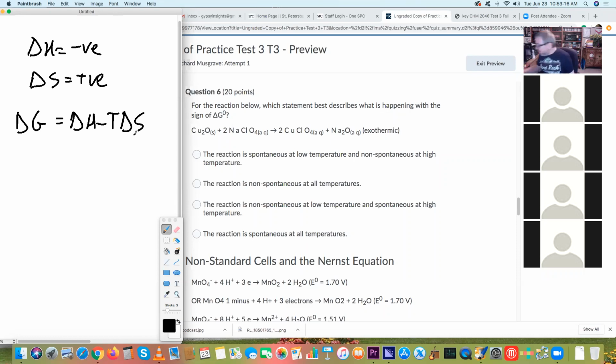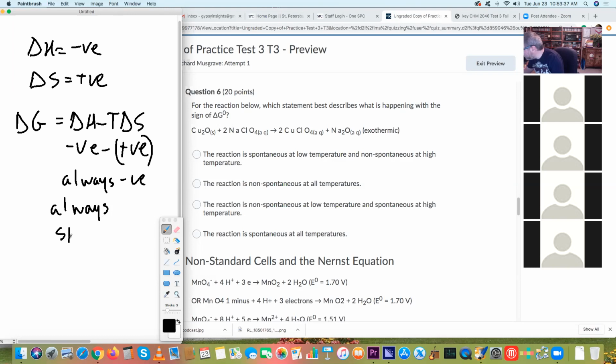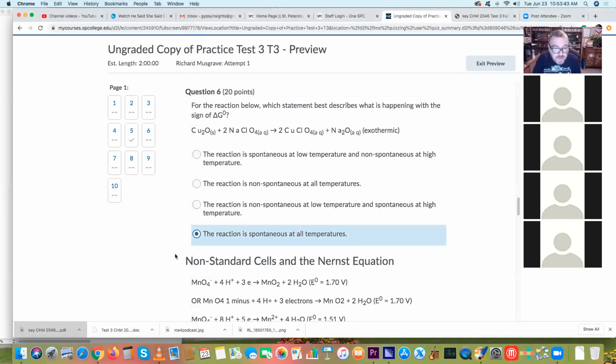And we've got negative, minus a positive, I'm sorry, which is going to be always negative. Which means it's always spontaneous. And that would be the answer. The reaction is spontaneous at all temperatures would be the answer.